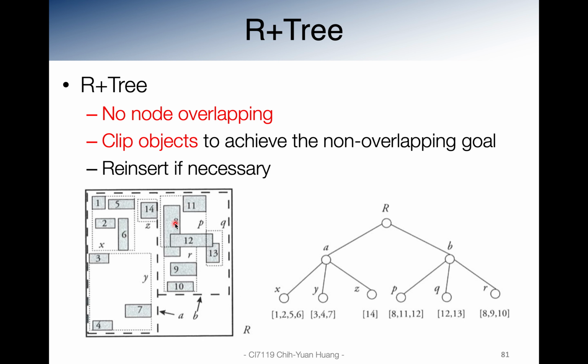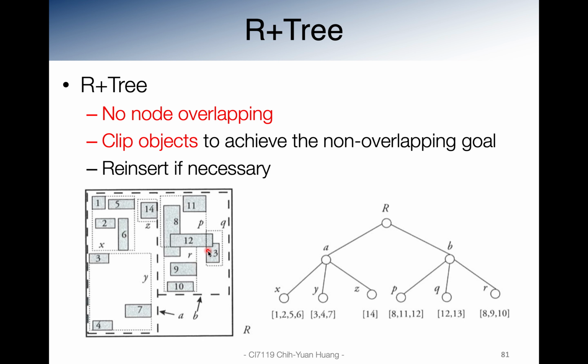But in this case, the directory rectangles of P, Q, and R will overlap with each other. And that node overlapping will cause some performance degrading, and it's not so well optimized for the point query. But on the other hand, here we have the R plus tree.